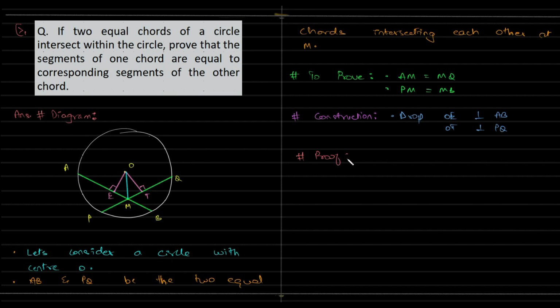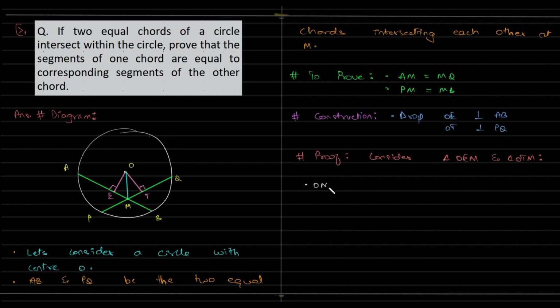Proof. Consider triangle OEM and OTM. So please think over. How can we prove that these two are congruent? Obviously, if I take two triangles, it has to do with congruency only. So how do you prove that these two are congruent?